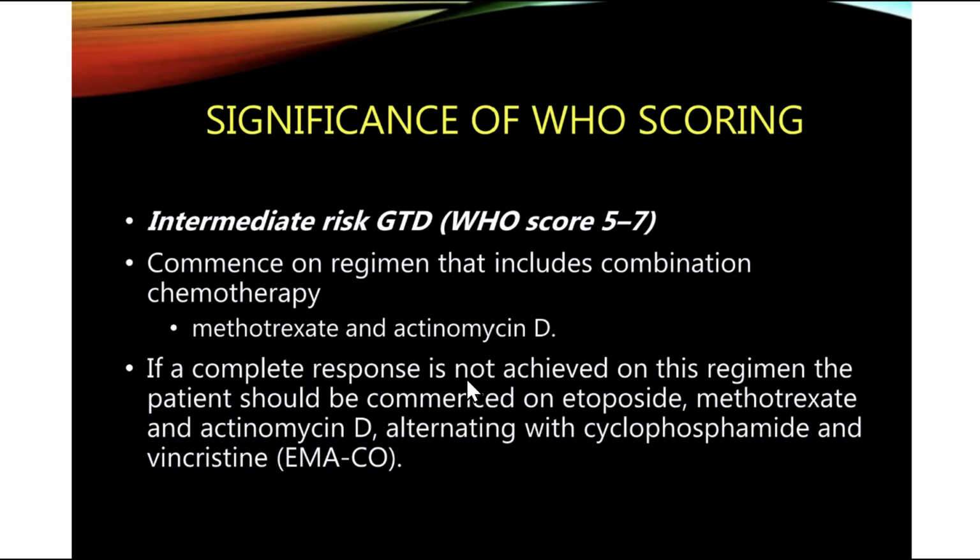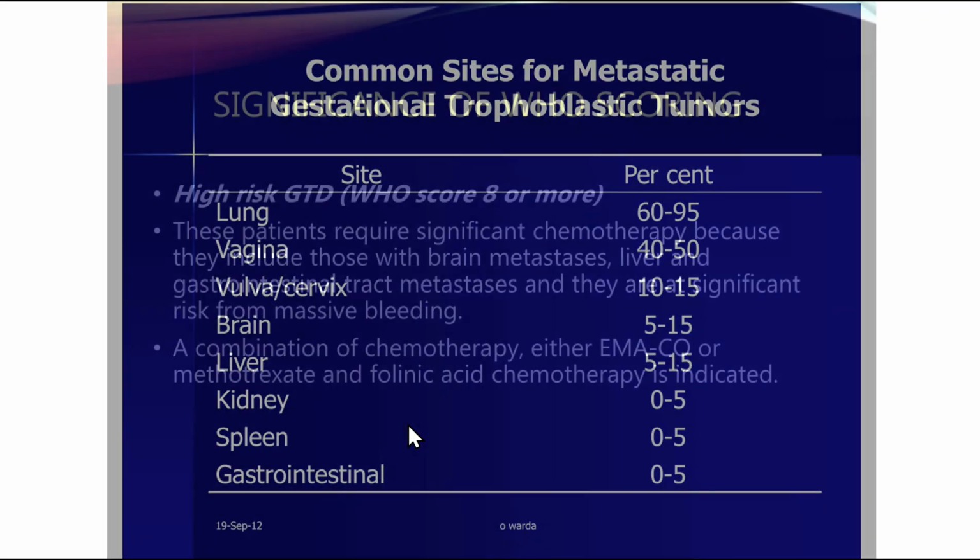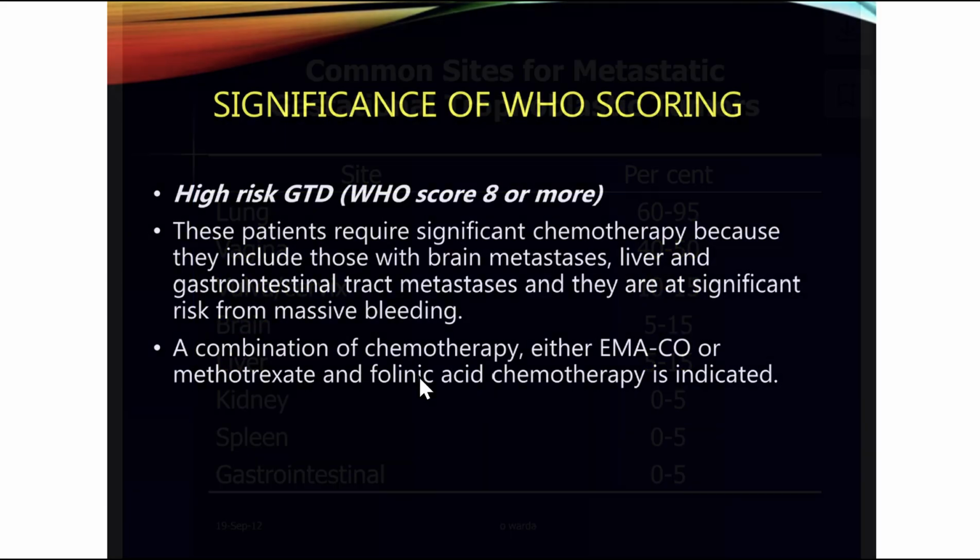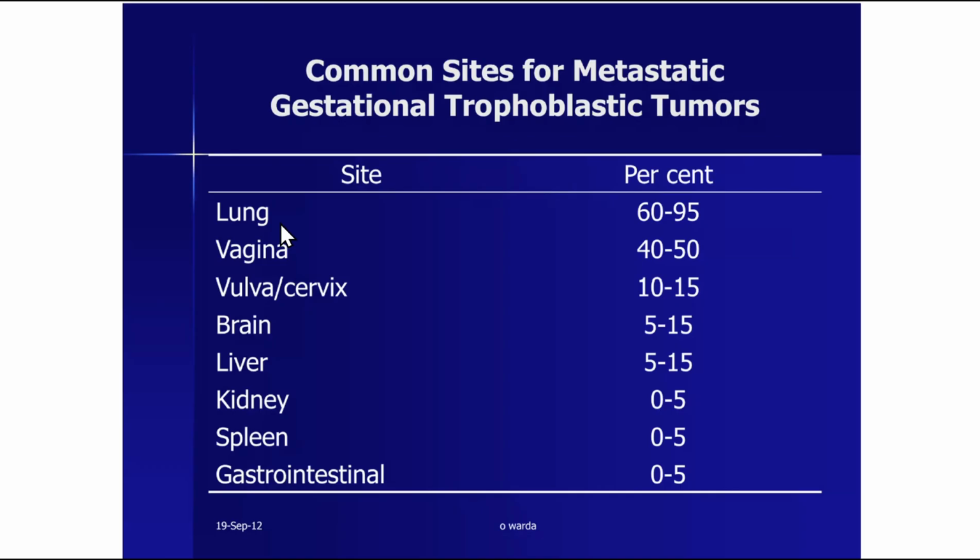And now, when we come to intermediate risk, we will do the same with methotrexate and actinomycin D. If complete response is achieved with alternating methotrexate and actinomycin D, very good. If you don't get complete response, then you should escalate to high risk GTN management, which would use EMA-CO or EMA-EP regimens. Now, high risk is WHO score of greater than 7, and lung is not a high risk feature because we already saw the score is 0.